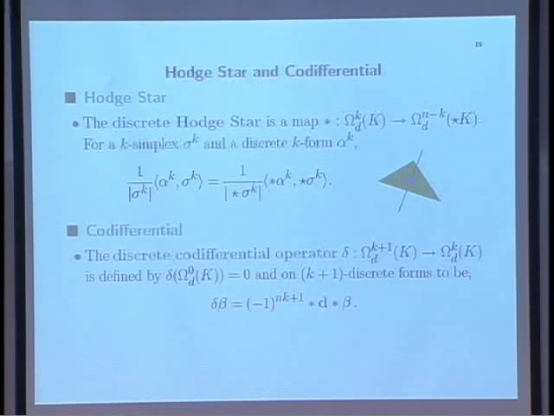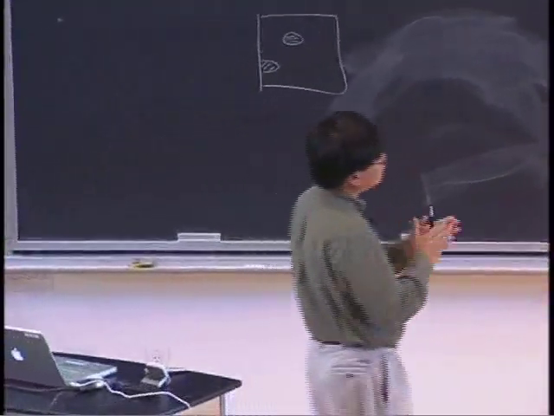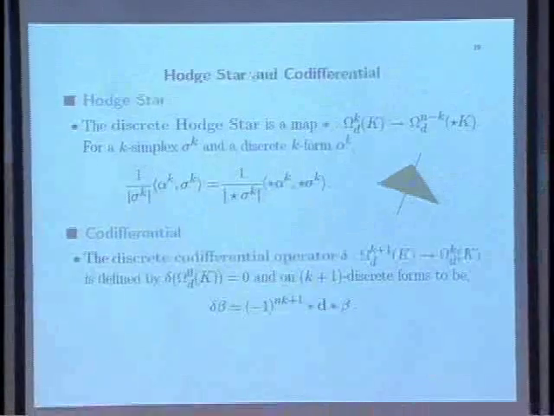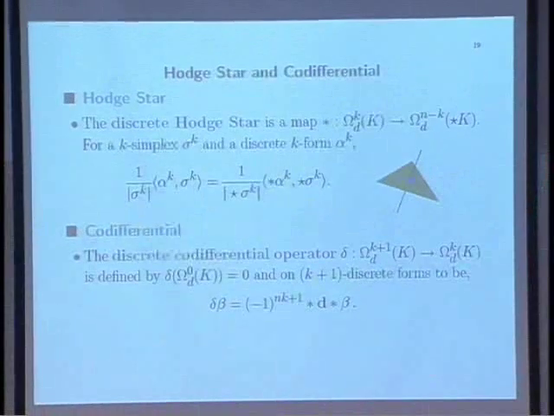One of the things you need is to change representations. As I alluded to earlier, if you have some object which is based at a k-simplex, you can associate it with an n minus k cell. So you want to map between these two representations, and the way you do this is the discrete Hodge star. It maps a k discrete differential form on the primal complex to an n minus k differential form on the dual complex.